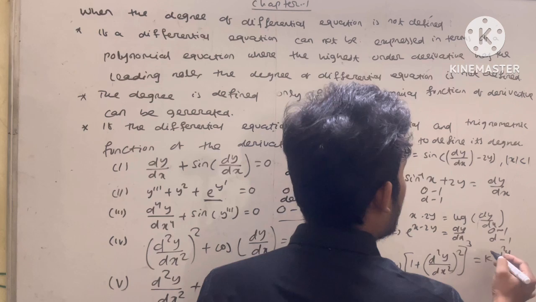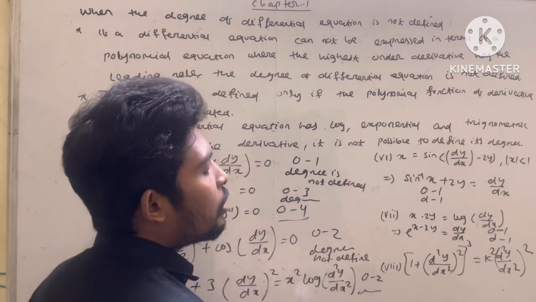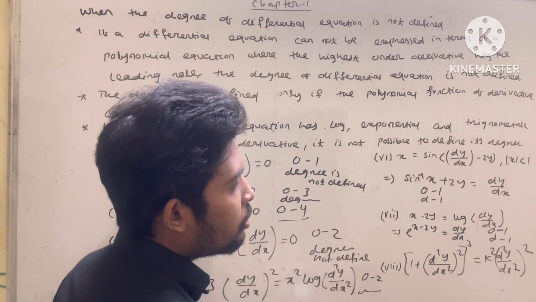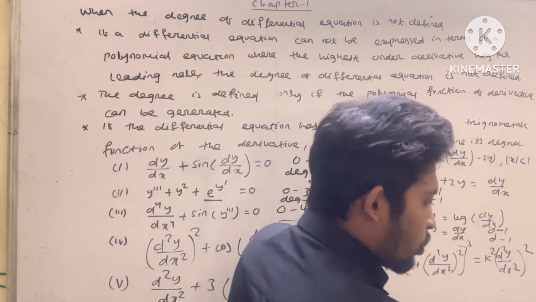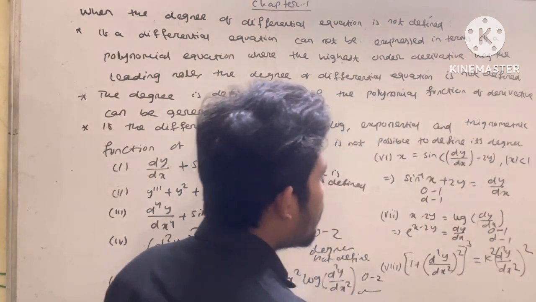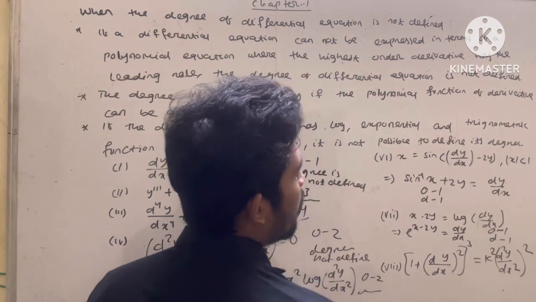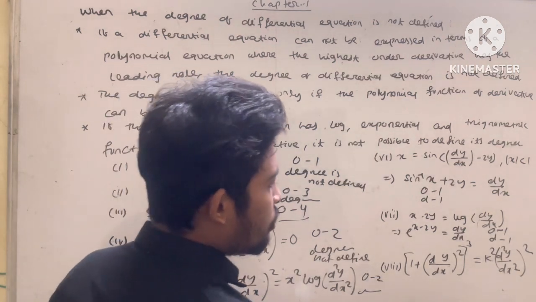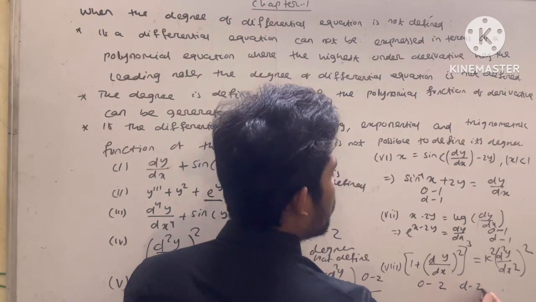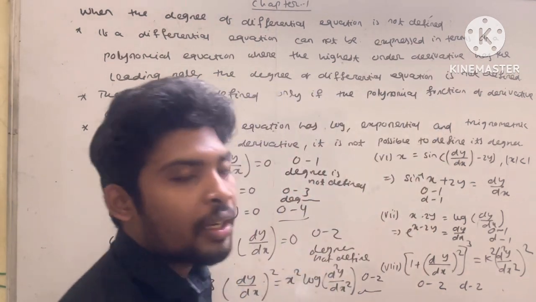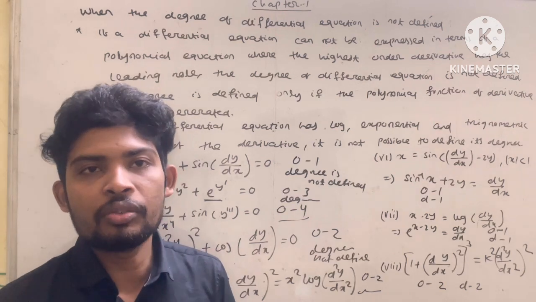Squaring on both sides, it becomes k² (d²y by dx²)², and the left side is (dy by dx)². So the order is 2 and the degree is also 2. This is all about order and degree of differential equations.